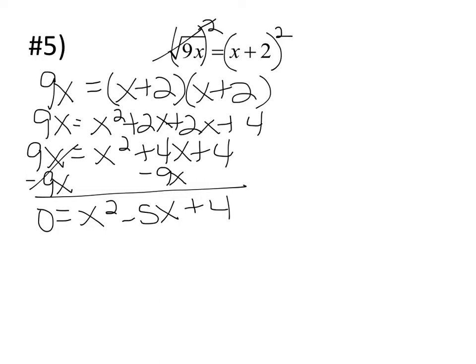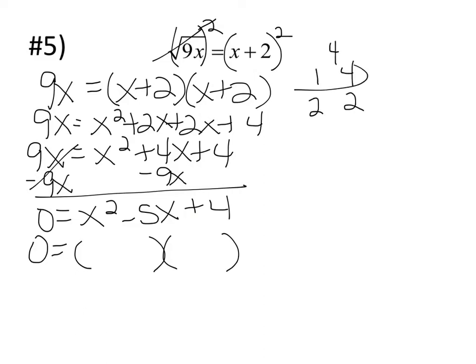All right, since I have such small numbers, I'm just going to go ahead and regularly factor this. Remember, you multiply your coefficient of your first and last term. So 1 times 4 is 4. My factors of 4 are 1 and 4 and 2 and 2. 1 and 4 are going to be the ones that give me 5. So each house gets an x. Keep your first sign.